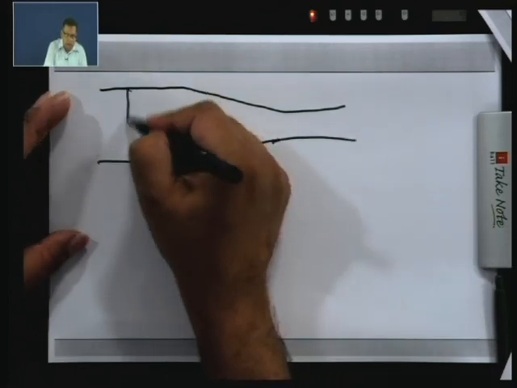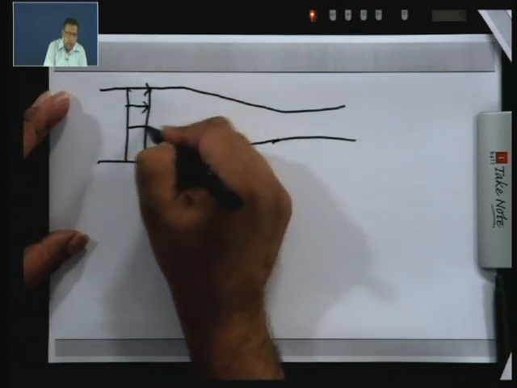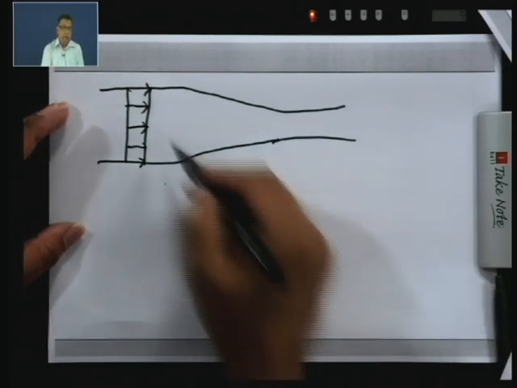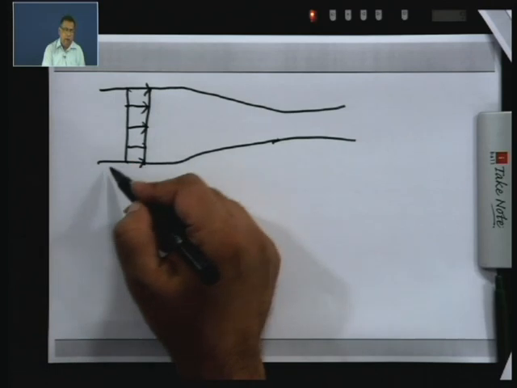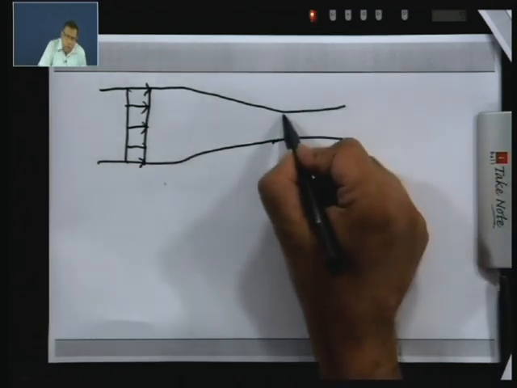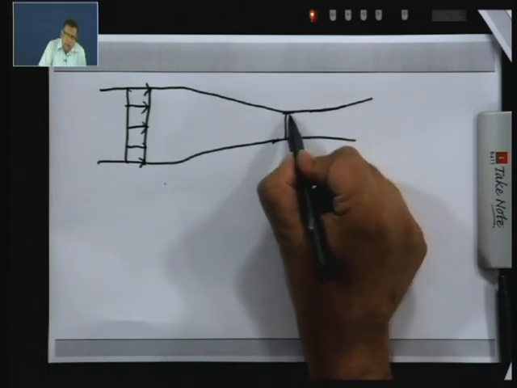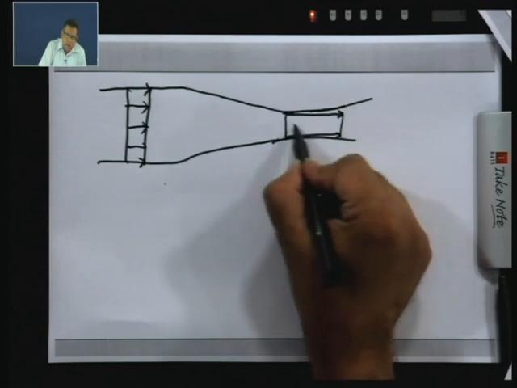If I draw the velocity profile, you expect it to be uniform, because it is an inviscid flow. If it is a viscous flow, the velocity will be brought to rest at the wall, so you will have a boundary layer. Now, the velocity at the throat section will be uniform, but it will have a larger value because the area is smaller.